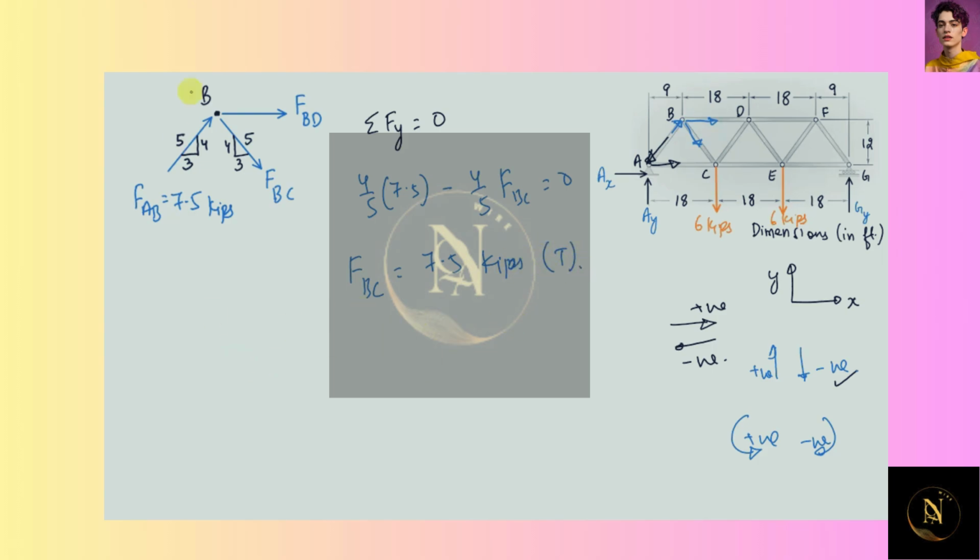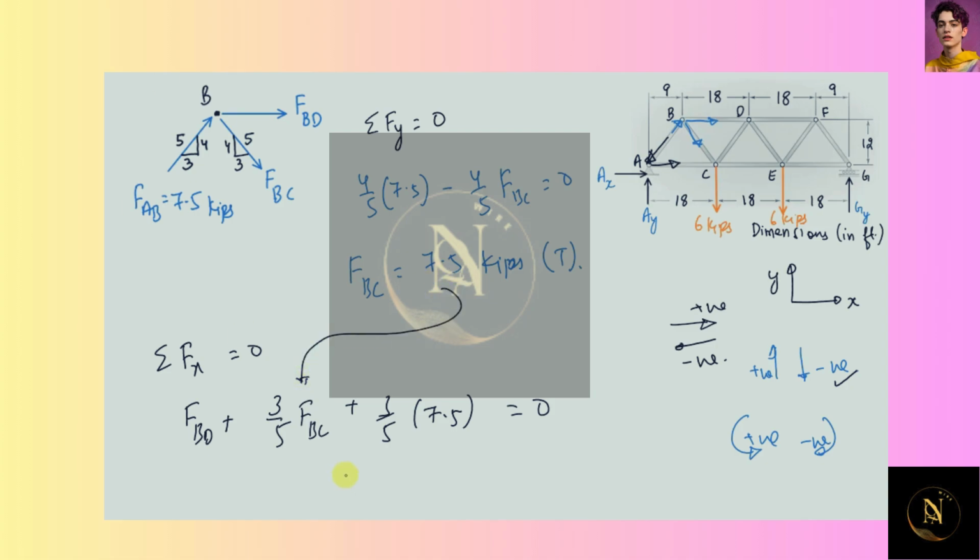Now next I will be considering the next equilibrium condition, that is sigma Fx equals to 0. So we have FBD plus 3 by 5 FBC plus 3 by 5 FAB, that is 7.5, is equals to 0, and FBC we have 7.5, so we can plug it here, and we have only one variable now, FBD.